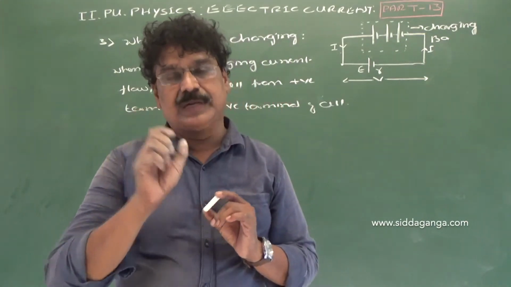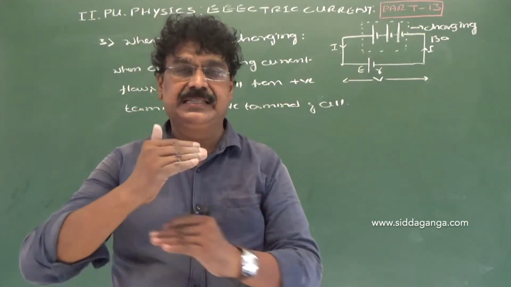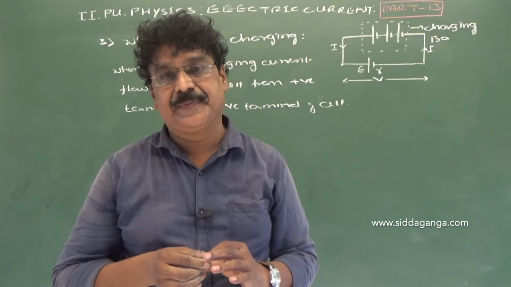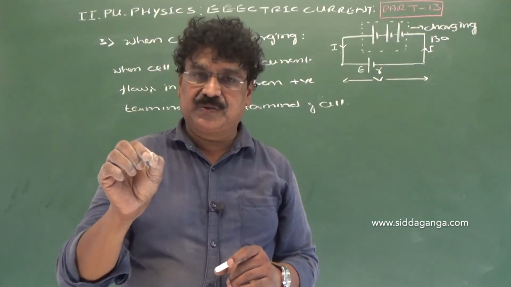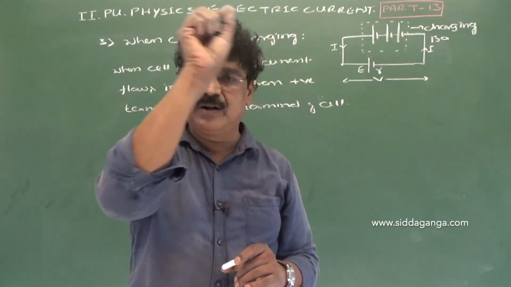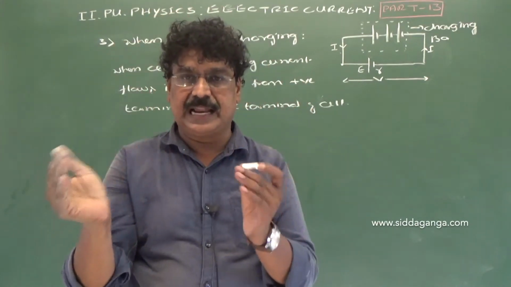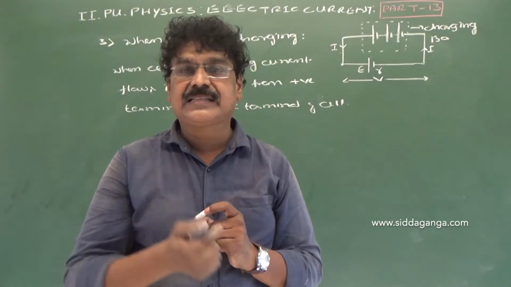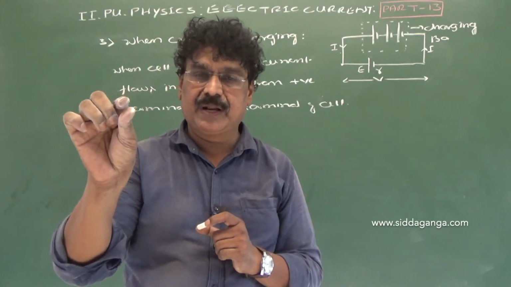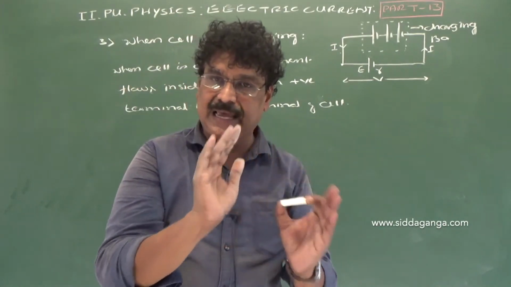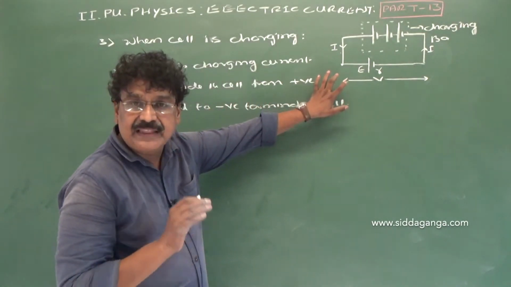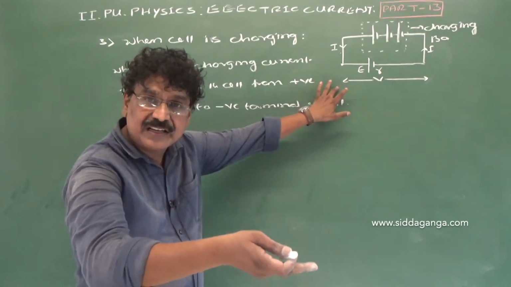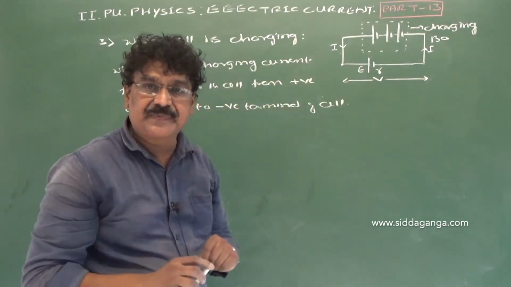In a closed circuit, when the cell is discharging, conventional current flows from the positive terminal to the negative terminal outside the cell. Inside the cell, it is from the negative terminal to the positive terminal. Clear? Now, when the cell is charging, the reverse takes place.